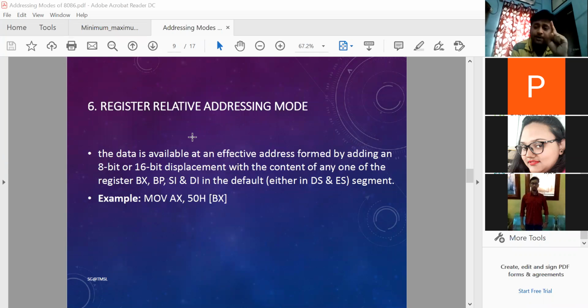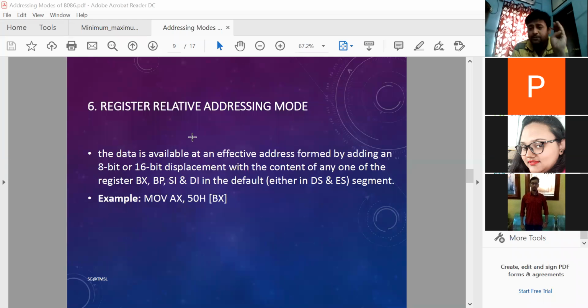Only one general purpose register can be used as your offset register. You can't use AX, CX or DX, you can use only BX as your offset register. All other offset registers are instruction pointer, stack pointer, base pointer, source index, and destination index. These are offset registers. Clear?